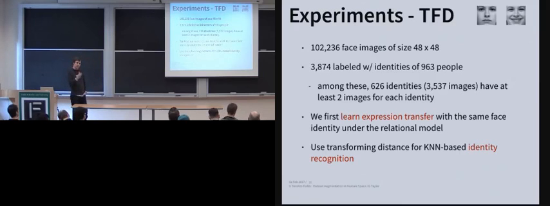We had to do our own split for this data set because typically people consider expression recognition and not identity recognition. And we do KNN-based identity recognition because this is a reasonable way to evaluate a distance metric, which is what we're interested in here.